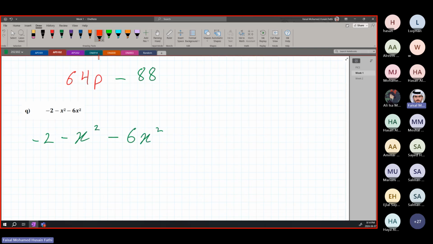Again, we look at the terms with the same power, and whichever has the same power we can add together. So the minus x squared and minus 6x squared we can group up and find the answer together. Minus x squared is the same as saying minus 1x squared. So this will become minus 7x squared, which is minus 1 minus 6, which is minus 7.